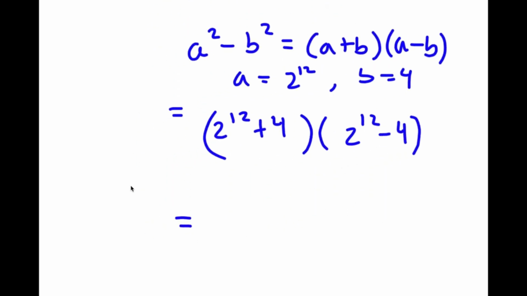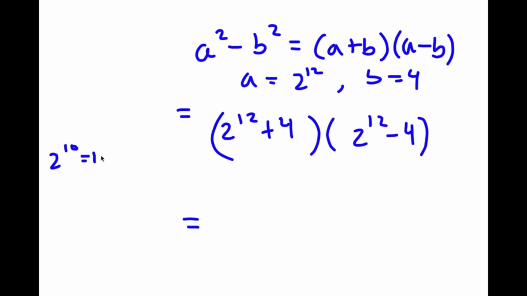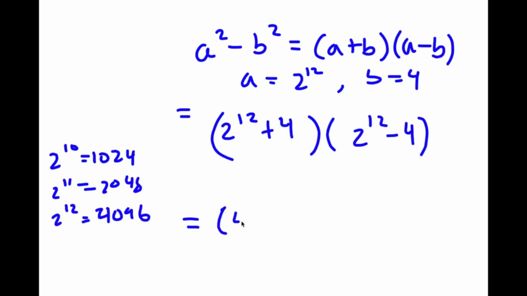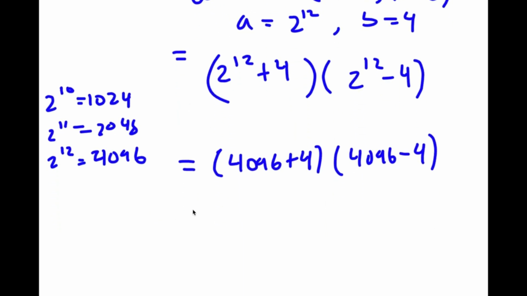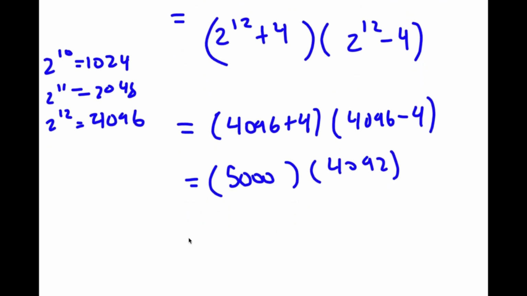2 to the power of 10 is 1024. So 2 to the power of 11 is double of 1024, which is 2048. Meaning 2 to the power of 12 is double of 2048, which is 4096. So now I have 4096 plus 4 times 4096 minus 4.